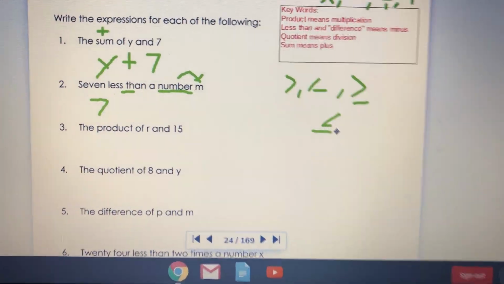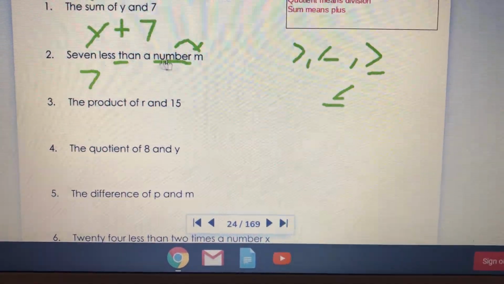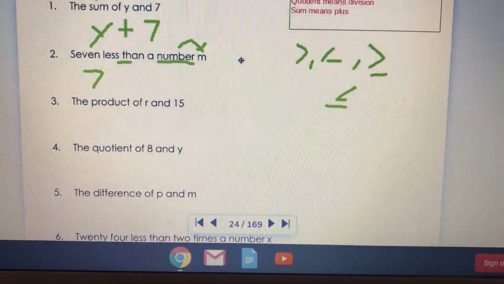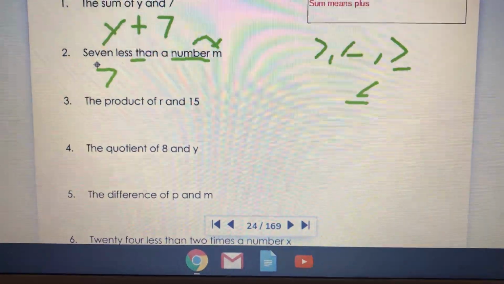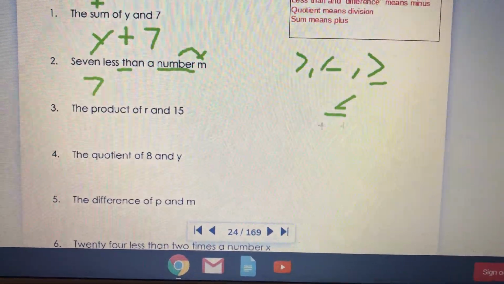I'm sorry, I do not know how to work this. Make sure when you're using these symbols to write them correctly, because then your 7's gonna look like one of these signs.